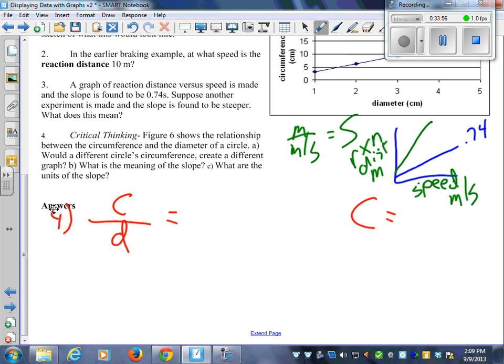Anderson, you're real close. Pi times d. Excellent, Jay. Pi times d. Now, if I were to rearrange that so it says c over d, what would I have to do over here? And what would I be left with? C over d equals pi.